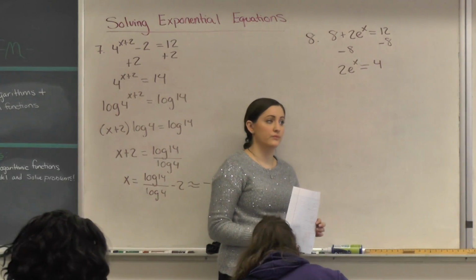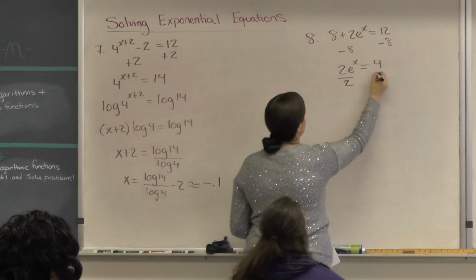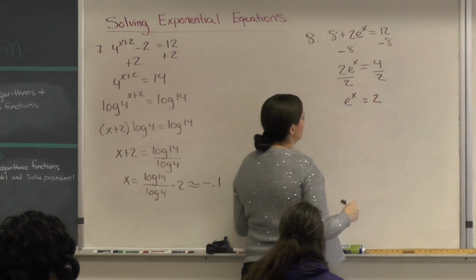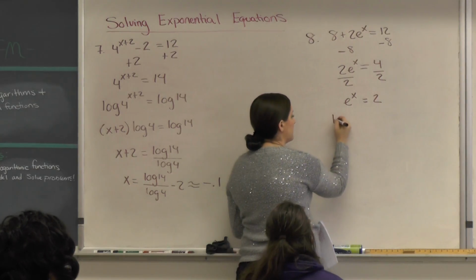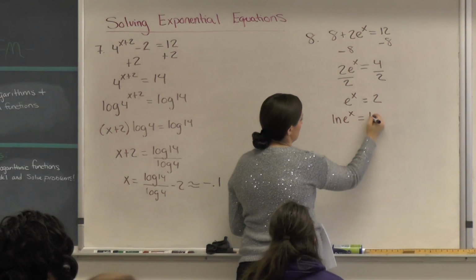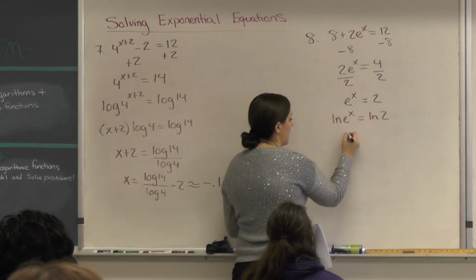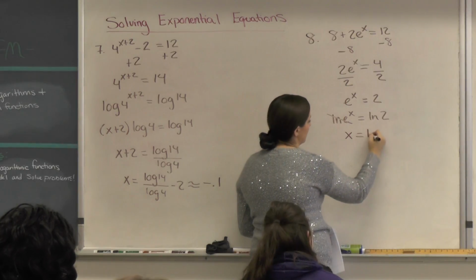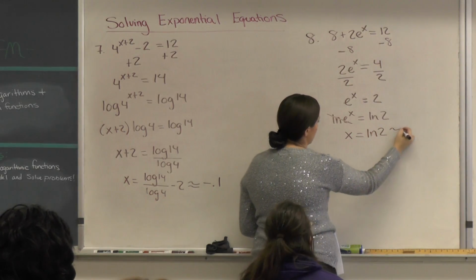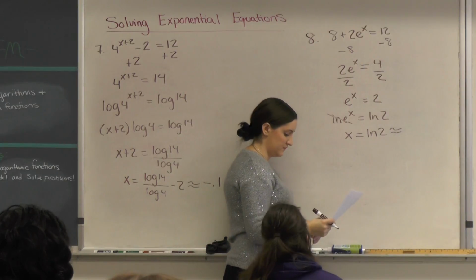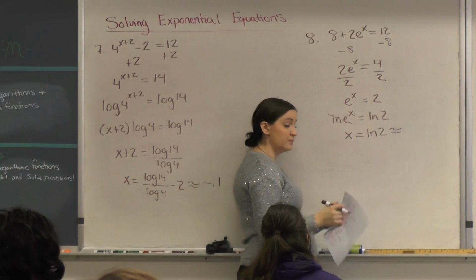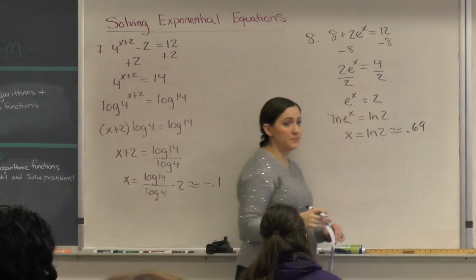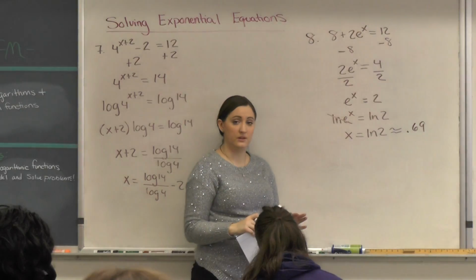No. Divide by 2. Do you get it? 0.69 or 0.7. The ln button is right below your logarithm button on your calculator.